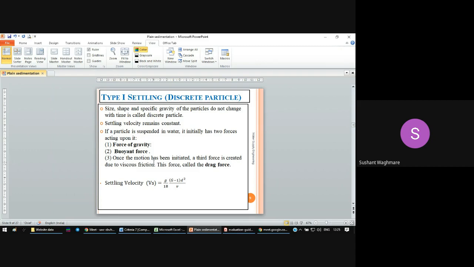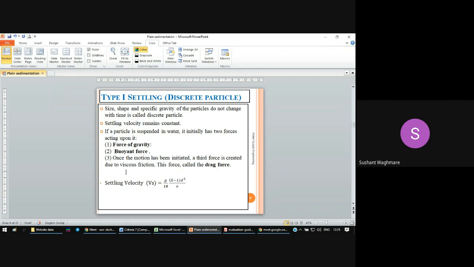And if the motion is initiated, this motion will come when one force out of these two becomes predominant, or the value of one force becomes more than the other force. In that particular case we'll be having the motion. Now if the motion is there, then a third force is created due to viscosity. I guess you know viscosity.